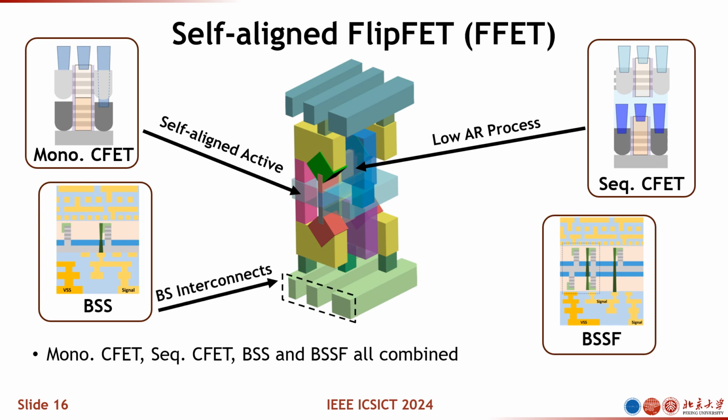It also features the dual side interconnects, which is from the backside signal. And we also have the backside stacked active, which is from the backside stacked transistors. So you can see all of the benefits from the monolithic CFET, sequential CFET, backside signal, and backside stacked FET are combined in the FlipFET. This is really something interesting, combining all the benefits.